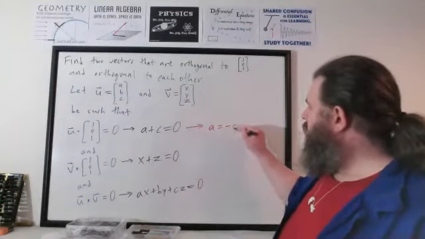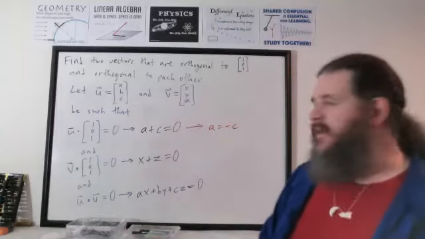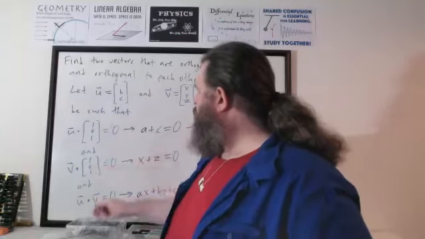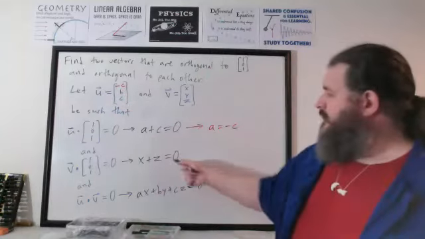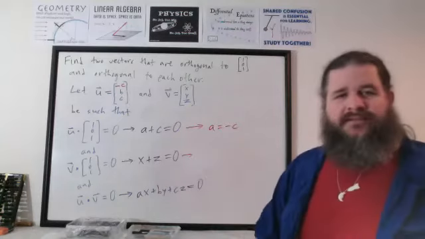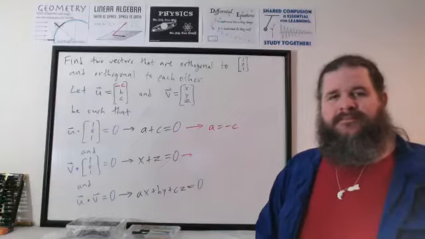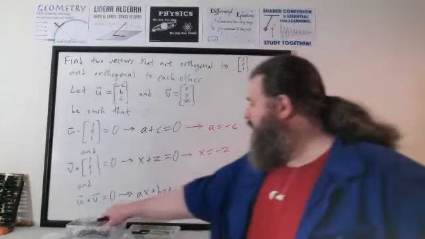Yeah. Which means in the original setup, everywhere we see a, we can replace it with negative c. And likewise, if x plus z has to equal 0, what does that tell us? x equals negative z. Right, which means everywhere we see x, we can replace it with negative z.